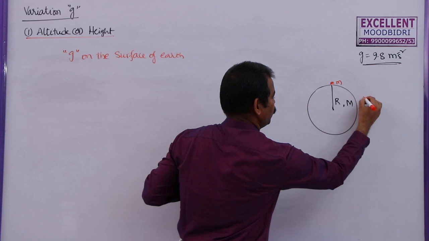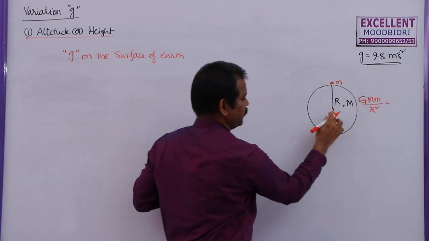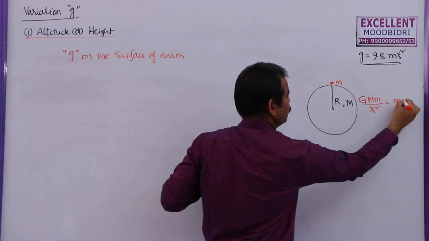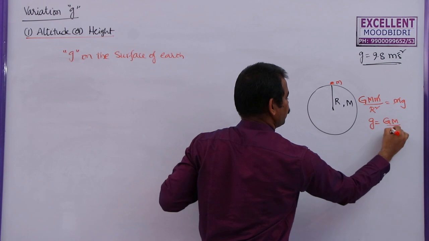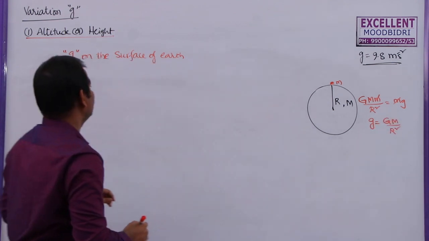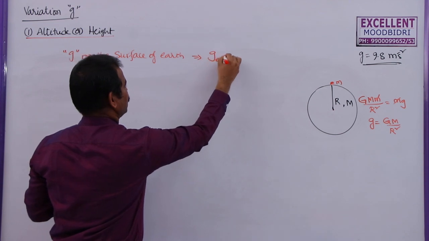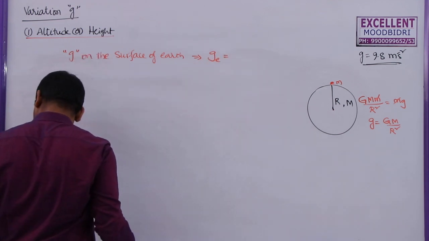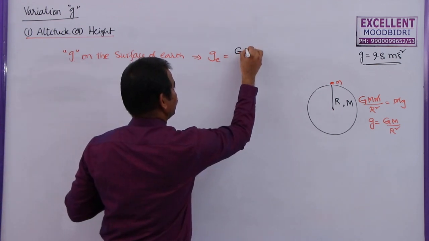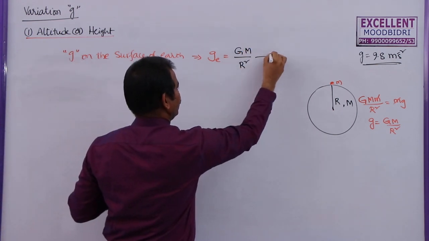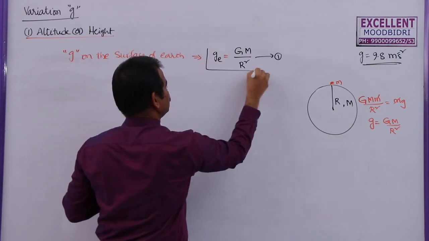So capital G M m by R square is the force of attraction between these two, which is nothing but weight, mg. When m gets cancelled, small g can be written as capital G capital M by R square. So g on the earth surface is given by GM by R square. This is Ge. This is the first equation.